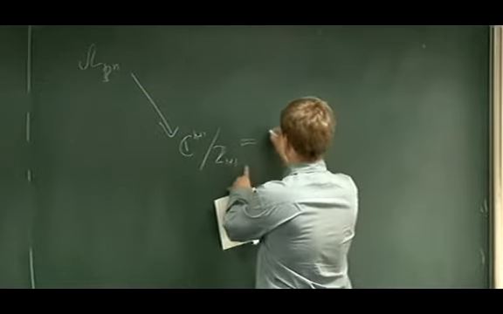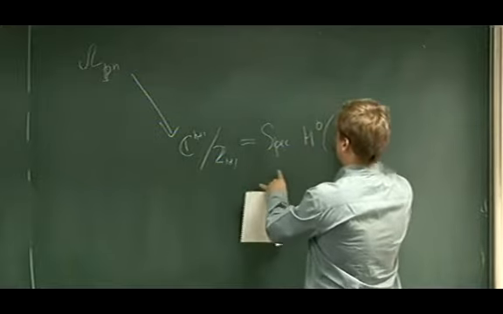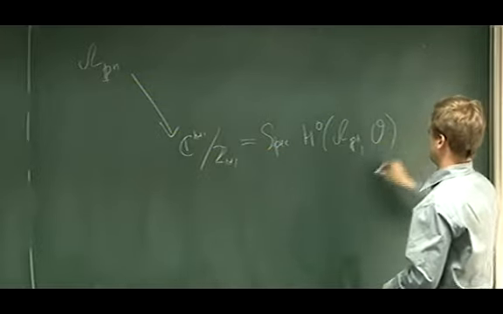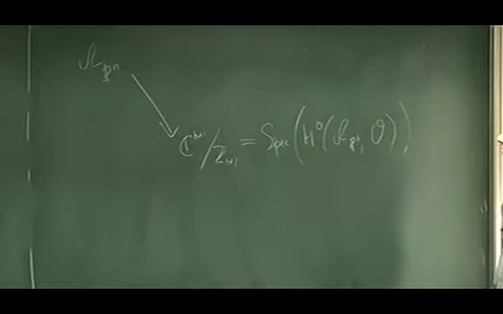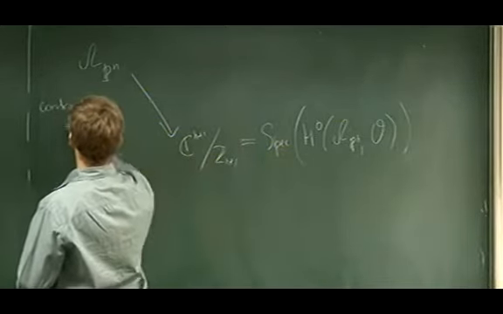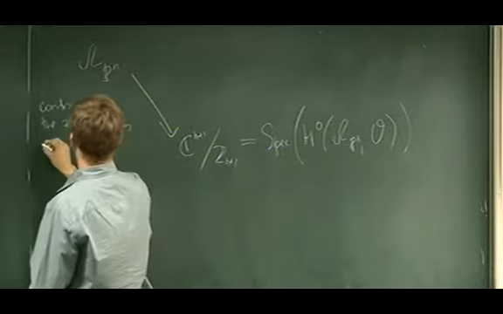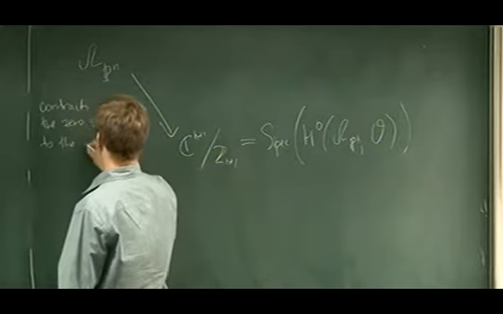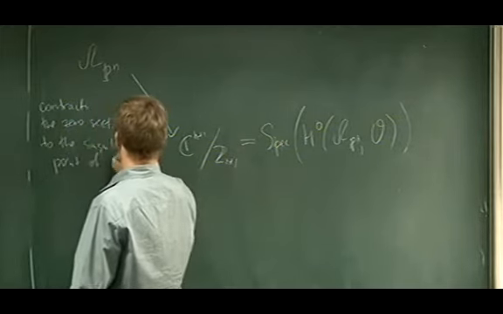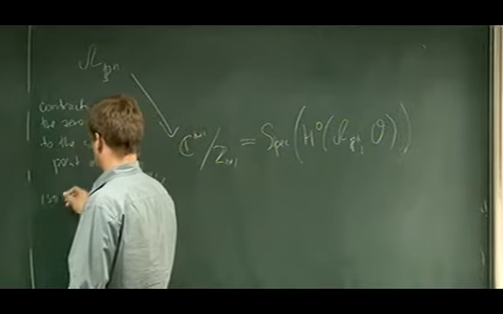Another explanation is that this is equal to the spectrum of the globally defined regular functions on the canonical bundle. So this again contracts the zero section to the singular point of Cn plus 1 mod Zn plus 1, and it's an isomorphism elsewhere.